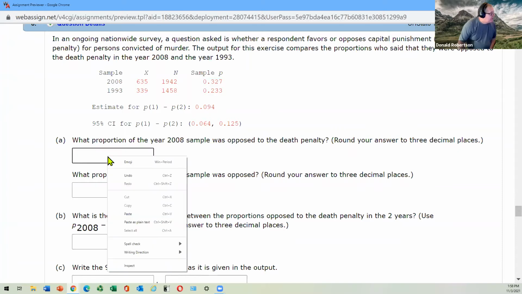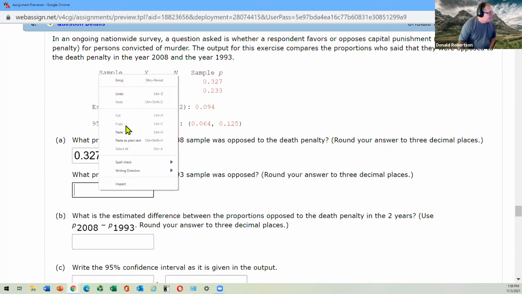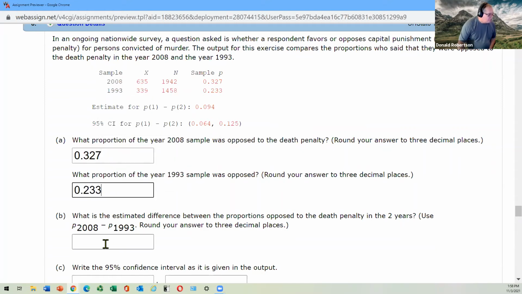And being lazy, couldn't I just do that? Now, when you want to do 1993, would you agree it's this number? Now, they've called it not P1 takeaway P2, and they've not called it P1 hat takeaway P2, but would you agree it's still that number?